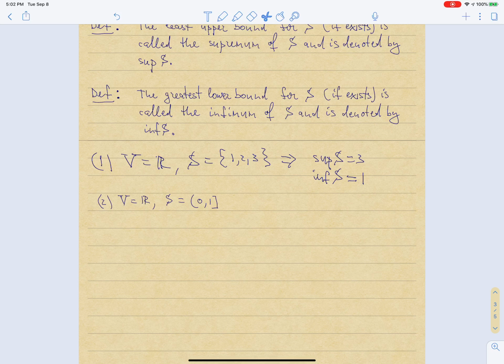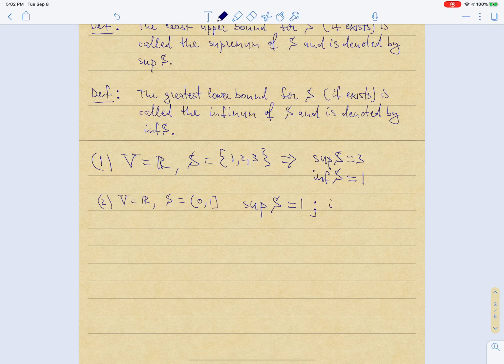So there was a maximum but no minimum. So what about the supremum of S? What's the least upper bound? Well, any number bigger than 1 is an upper bound. In fact, 1 itself is also an upper bound. So the supremum of S, that's the smallest upper bound, right? I cannot go lower. So the supremum of S is equal to 1.